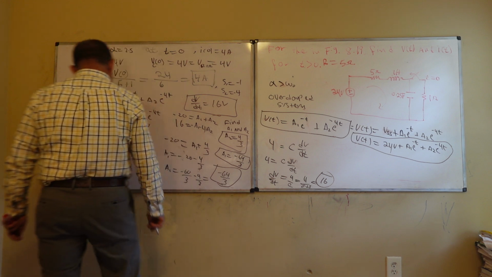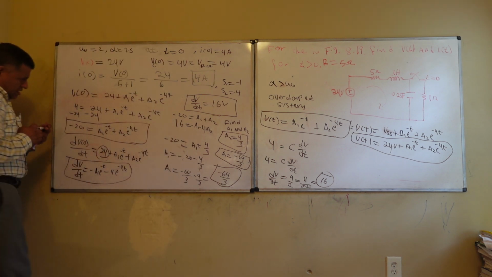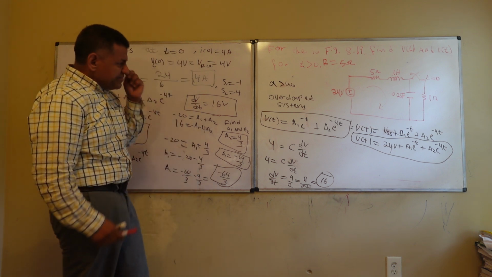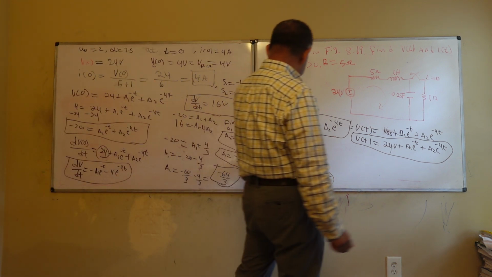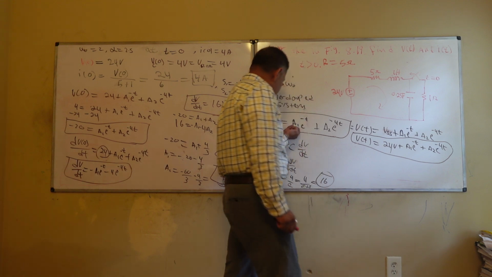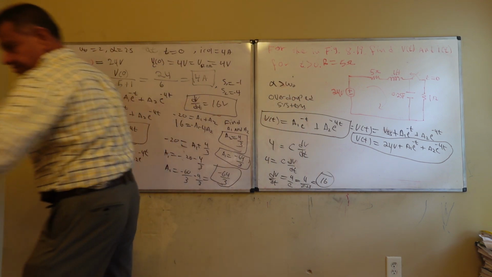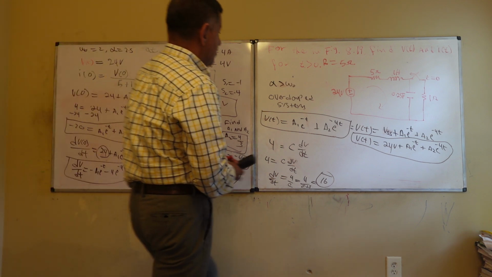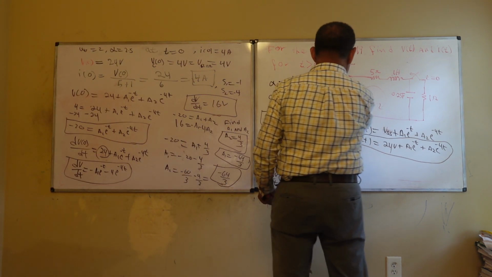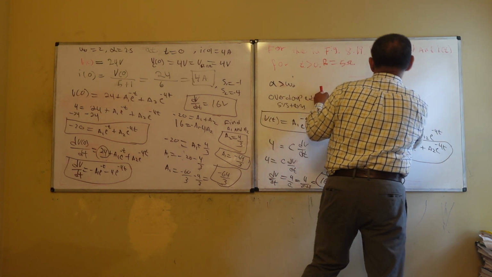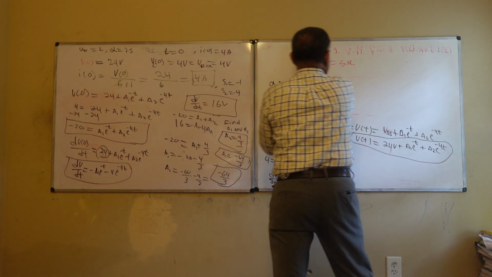So now we have the two values. Once we get the two values, we are ready to write the first equation. We just substitute those values over there. We don't need this, we don't need that.